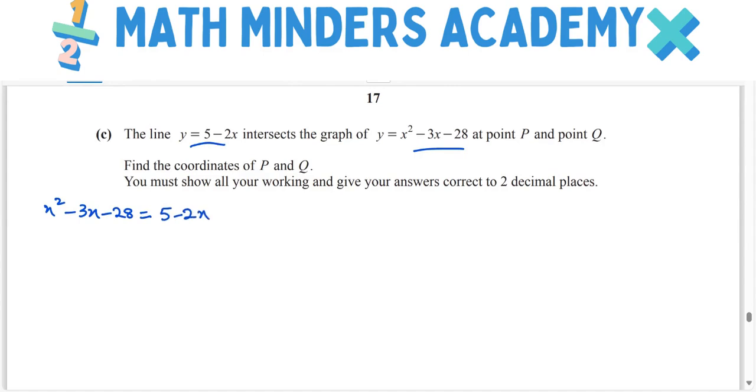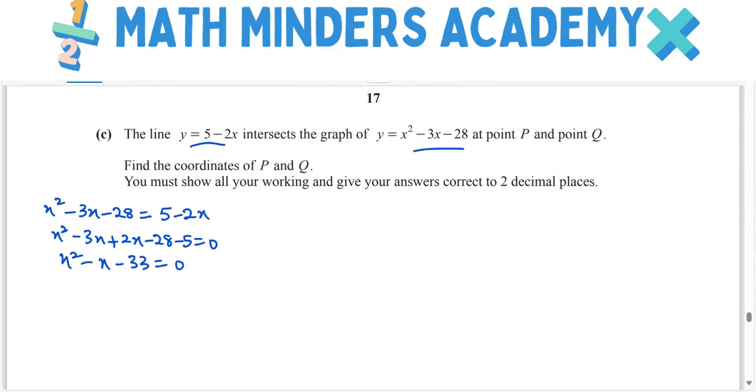This becomes s squared, collect like terms, minus 3x plus 2x minus 28 minus 5 equals 0. So we have x squared minus x minus 33 equals 0.